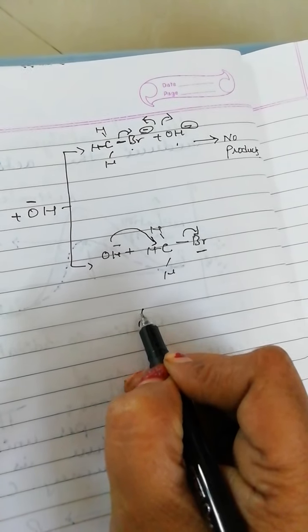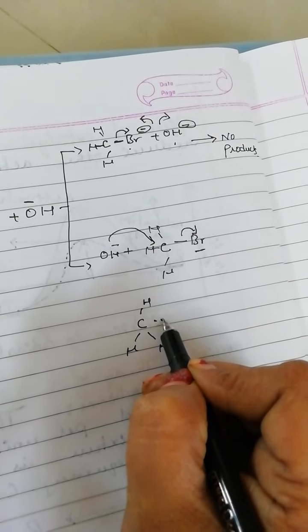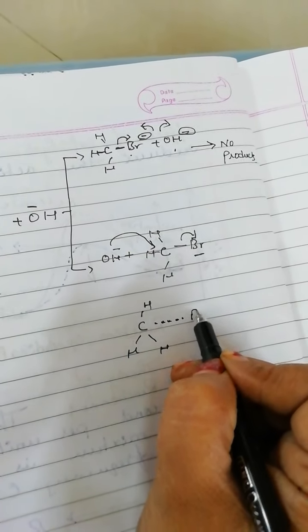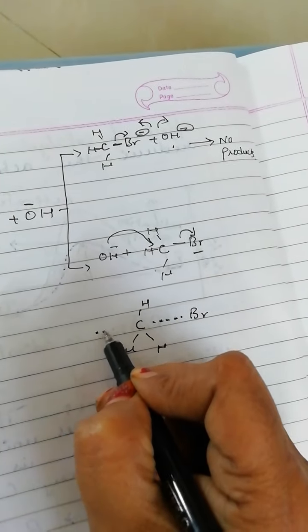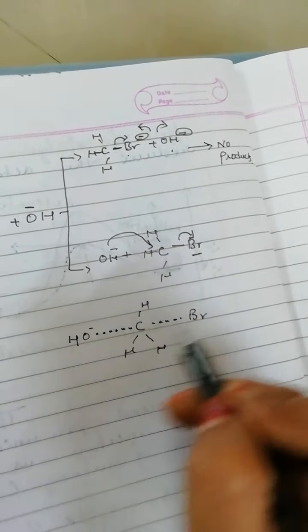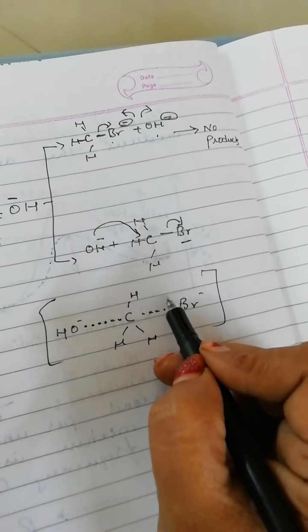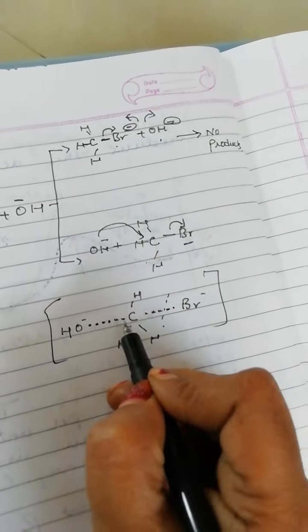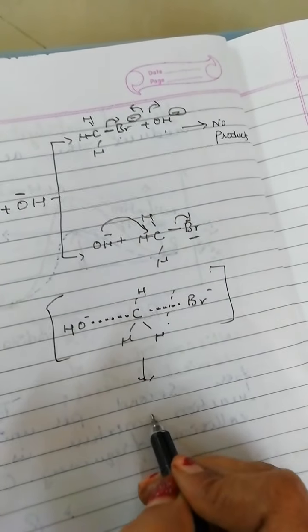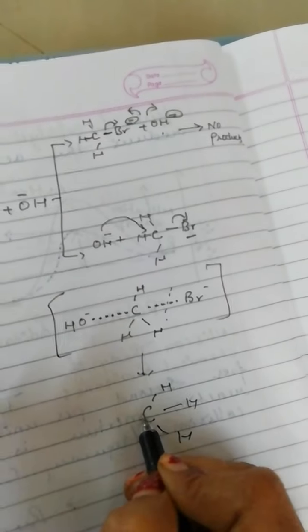It develops an intermediate like this. The old bond is becoming weak and the new bond is also forming with the carbon. Understand? Now easily from this one the bond breaks down and this bond becomes strengthened. So CH3OH is formed and the bromide ion is separated.